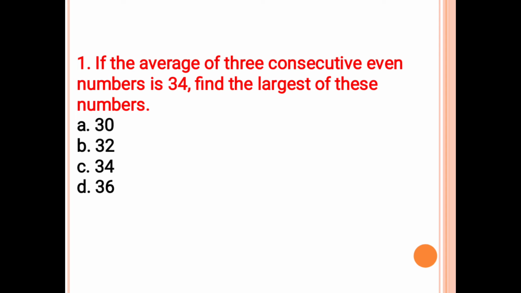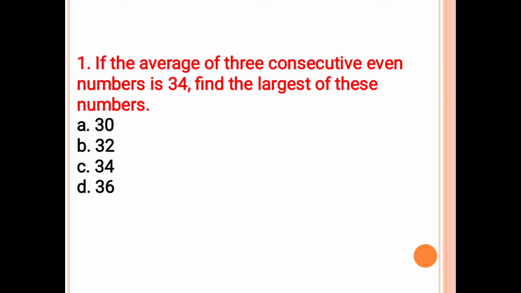The average of three consecutive even numbers is 34, that is the given condition. We know that if we take any three consecutive even numbers and find their average, the average is the middle number of the three.